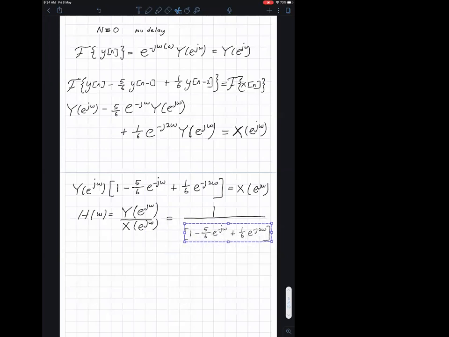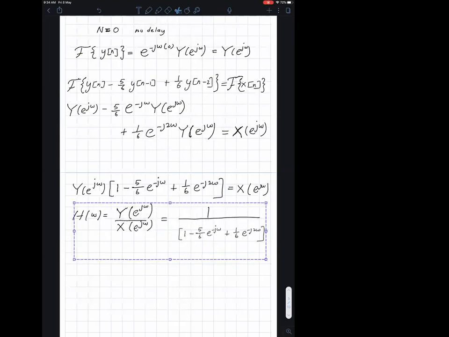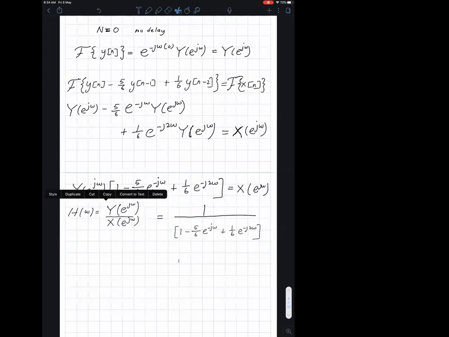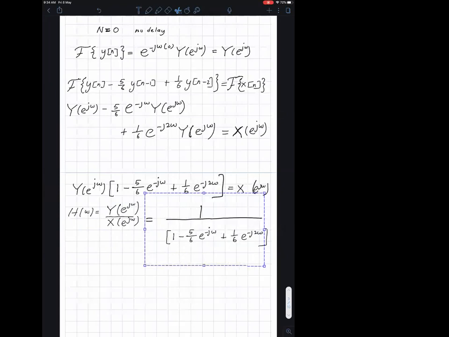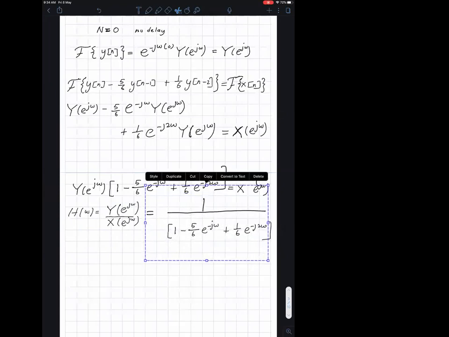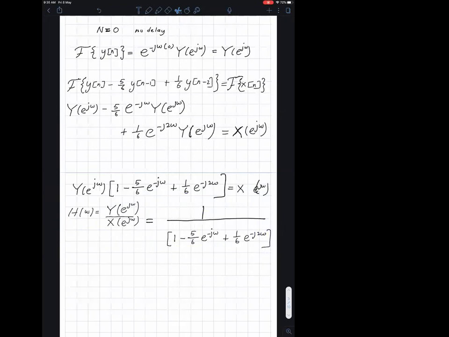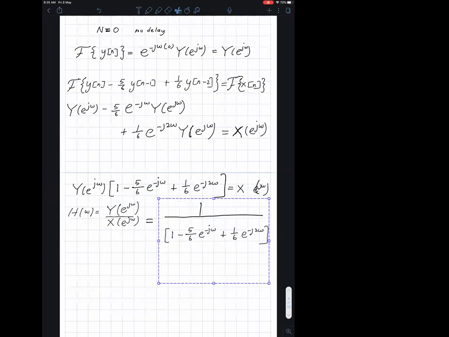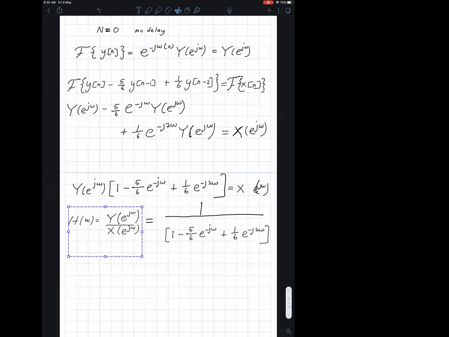Easy. Okay, so that is the frequency response. So this is the frequency response.